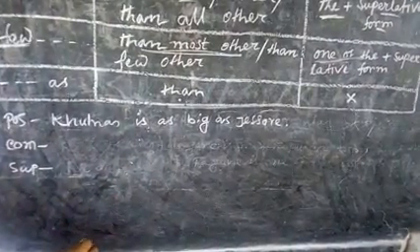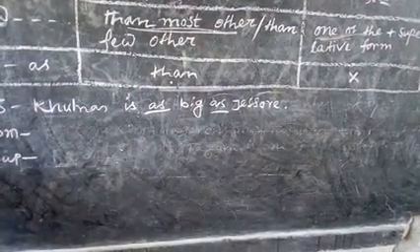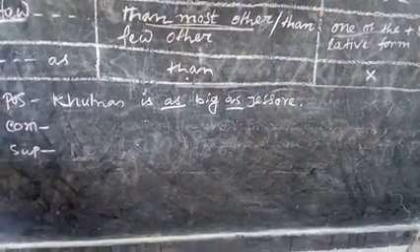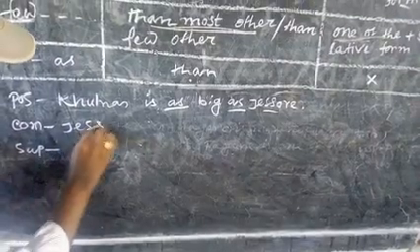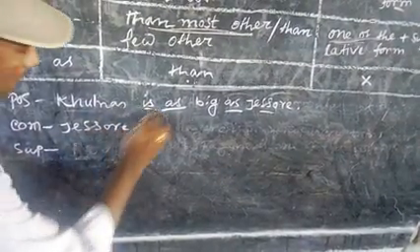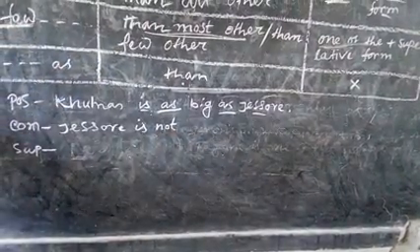This positive sentence has only as as. If we make it comparative, we have to use the last subject, Jashore, then verb is, and we have to use not here.